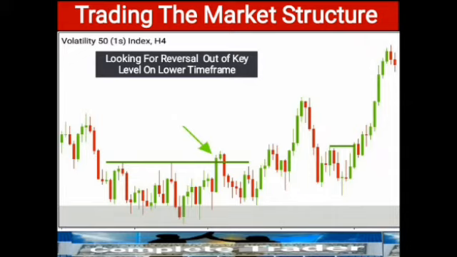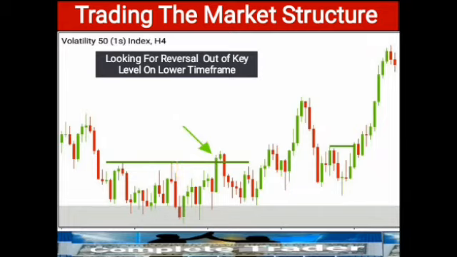But in this case, we had this range, price comes up, respecting the high of that range, it drops down again lower, deeper into our key level, and this is now the new range you are going to be working with. This one, because what? It broke the low of this price range.